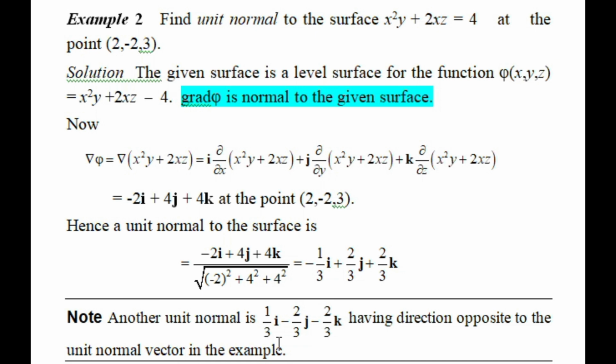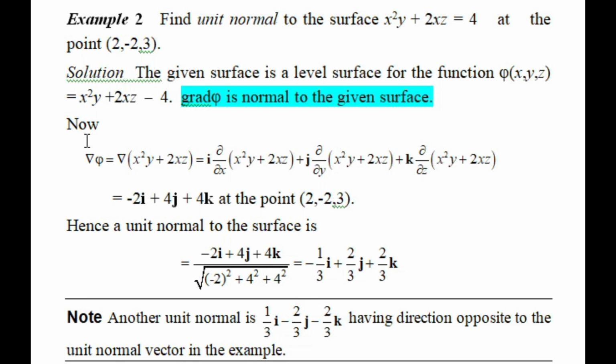So grad phi is normal to the given surface. Grad phi is normal to the given surface. And what is grad phi? We first find the partial derivative with respect to x, i, partial derivative with respect to y, then j, partial derivative with respect to z, k.